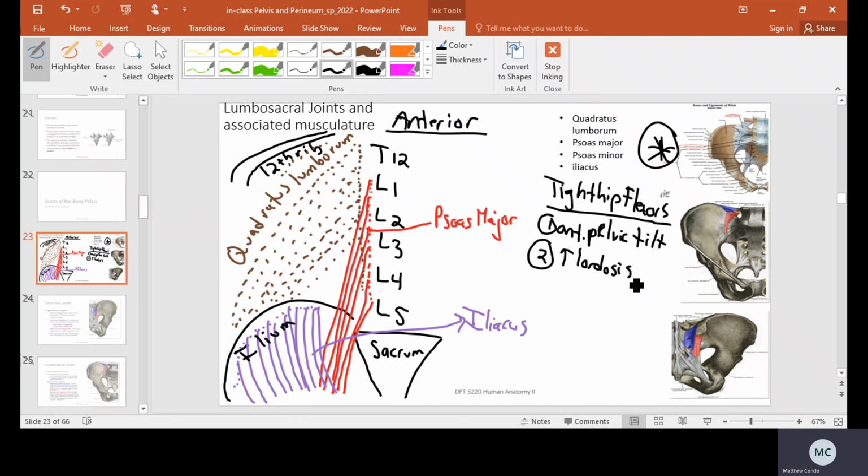Because if my psoas major originated off the posterior aspect, I would see a whole different presentation versus the anterior aspect. Let's think about it.